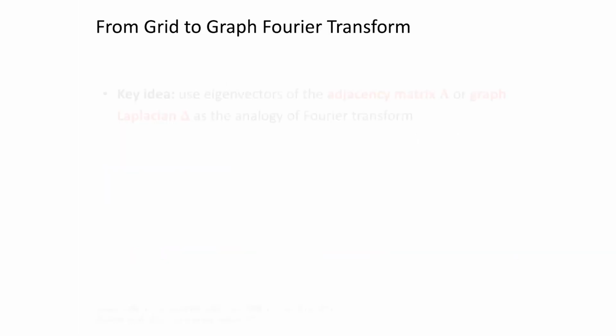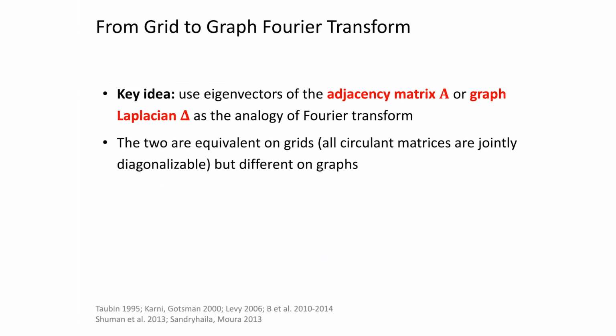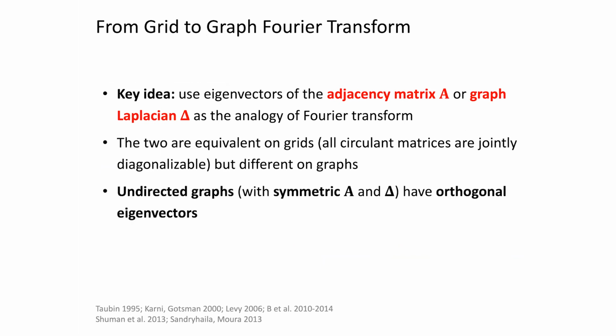So the recipe of doing spectral convolution on graphs is to use the eigenvectors of the adjacency matrix or the graph Laplacian as the analogy of the Fourier transform. The two are equivalent on grids because they're all circulant matrices and are all jointly diagonalizable. On graphs, the eigenbases will be somewhat different, but the idea will be very similar, if not the same. So if the graph is undirected, its corresponding adjacency matrix or Laplacian will have orthogonal eigenvectors.